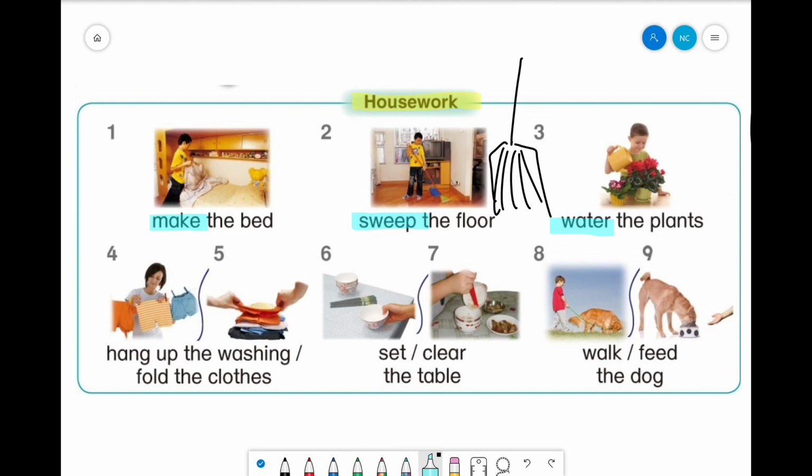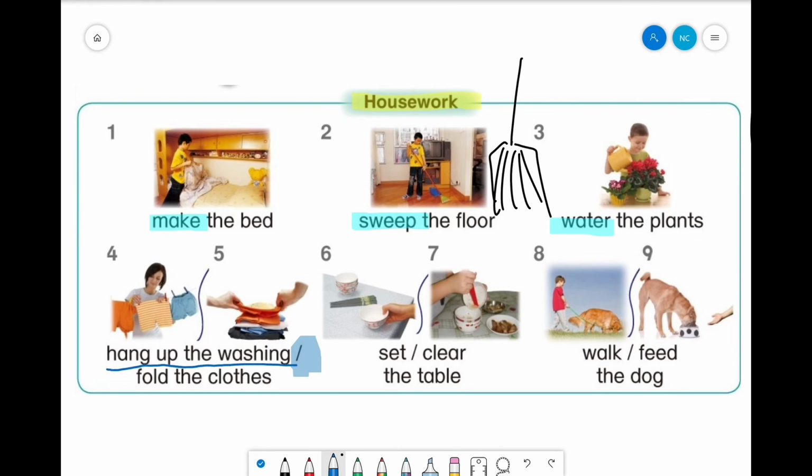Alright, here, number 4 and 5 are together. And we see a little slash here. This slash means or. So, for the first part of the phrase, well, there are actually two phrases. The first phrase is hang up the washing.